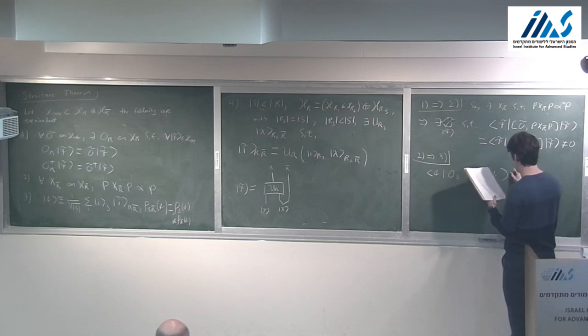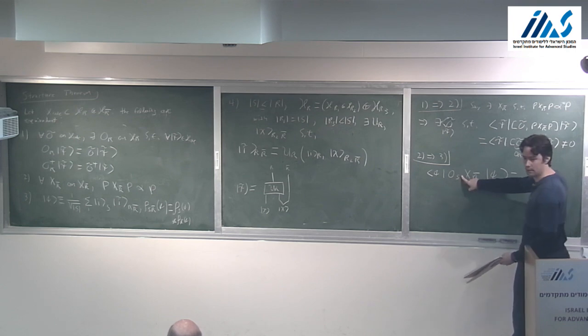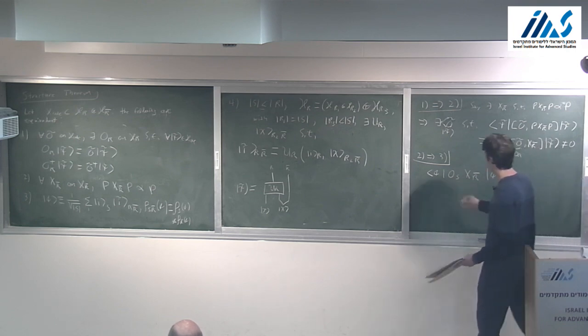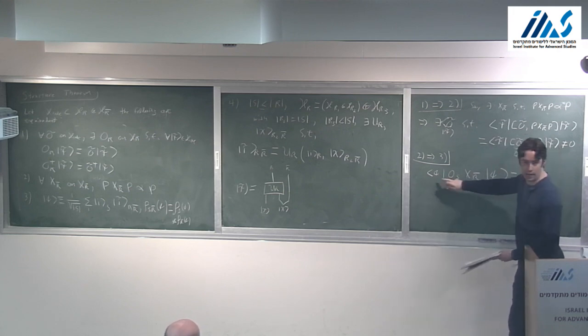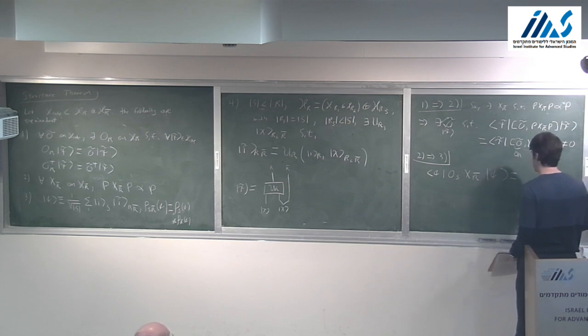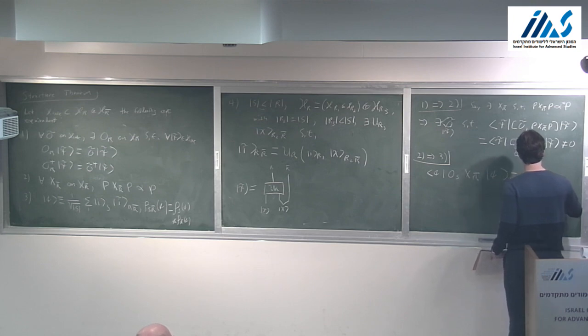Well, the first thing I can do is put a P here and a P there, because the P commutes with this, since it's acting on a different tensor factor. And then acting on phi, the P is trivial. So this is the same as phi O_S P X_R bar P phi.